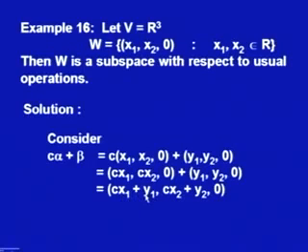Now Cx1 plus y1 belongs to R because x1, y1 and C are all real. Cx2 plus y2 also belongs to R, and the third component is 0. So this vector belongs to W. So C alpha plus beta belongs to W for given alpha, beta in W, and that means W is a subspace.